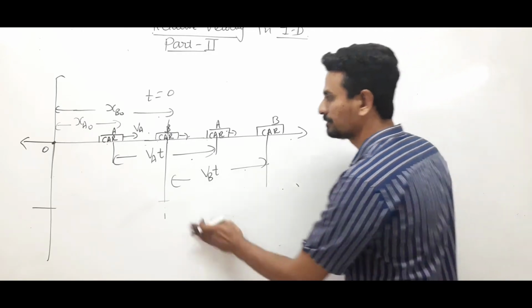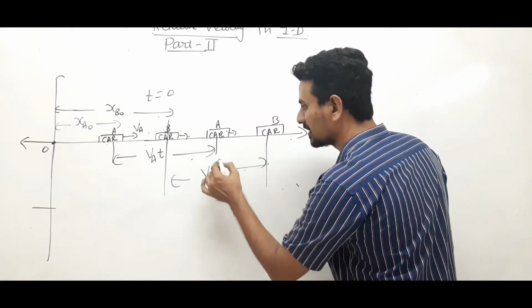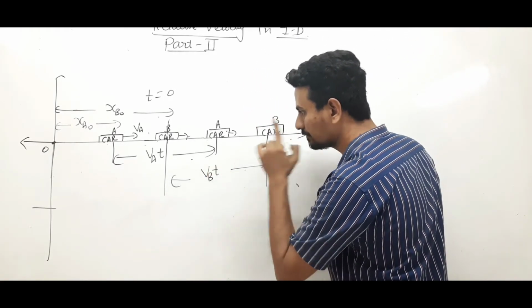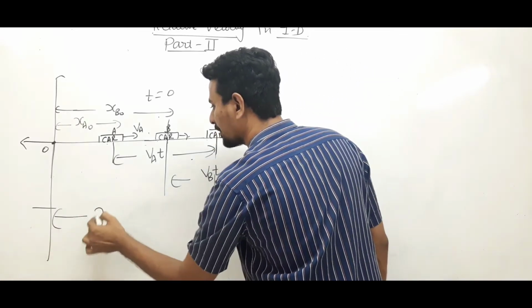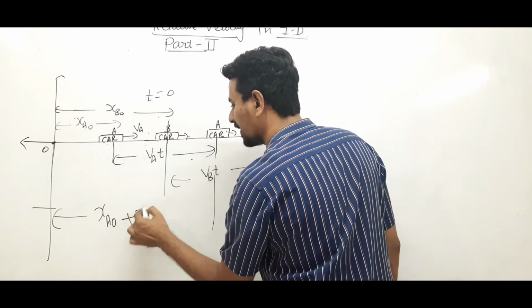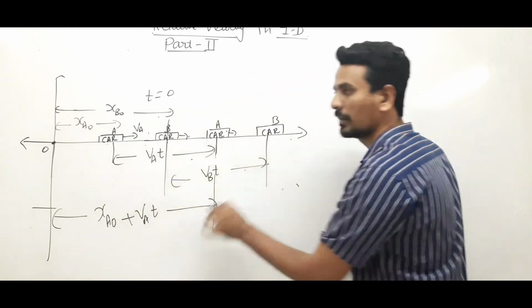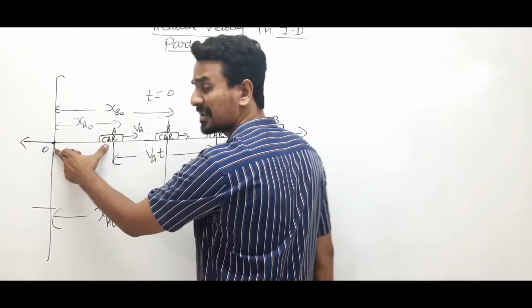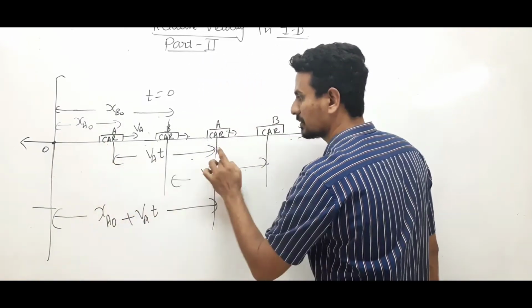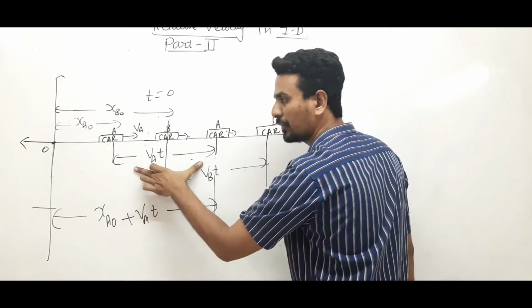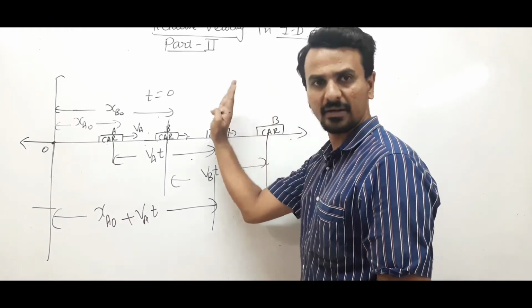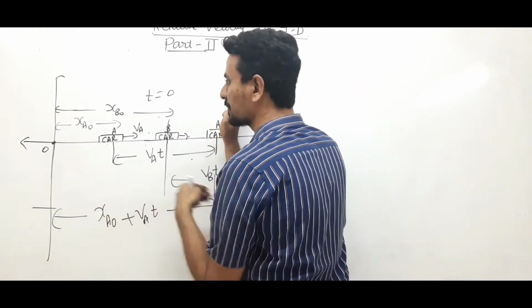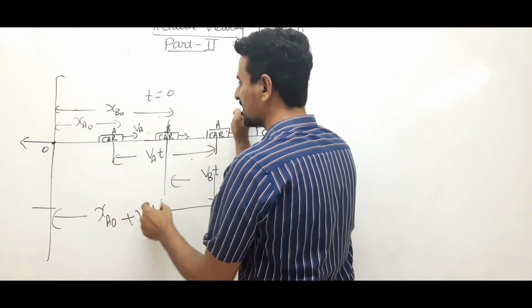Right? So now this is the position of car A, which can be written as xa0 plus Va into t. xa0 is the initial position, plus this distance, which is Va into t. So at time t, the position of car A is here. With respect to the origin, it will be xa0 plus Va t.